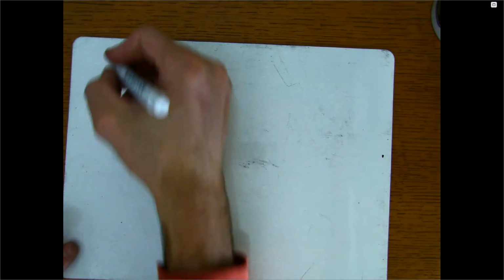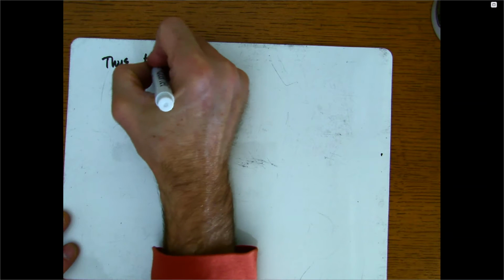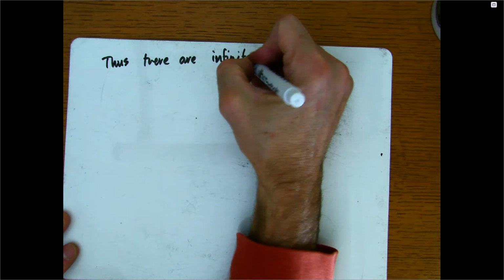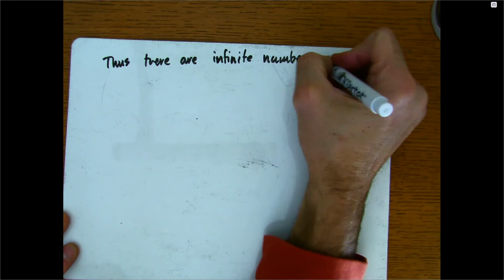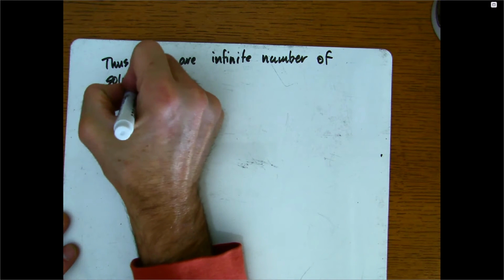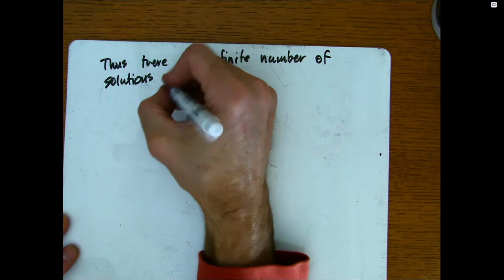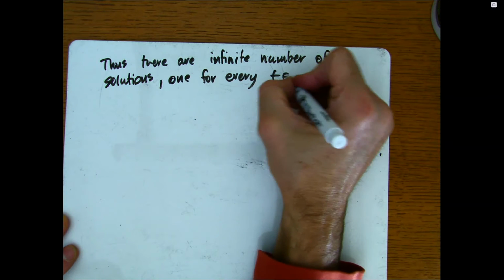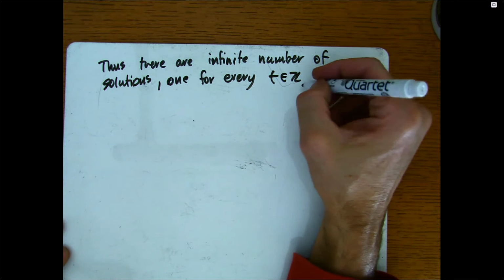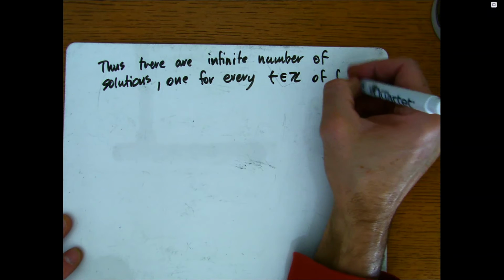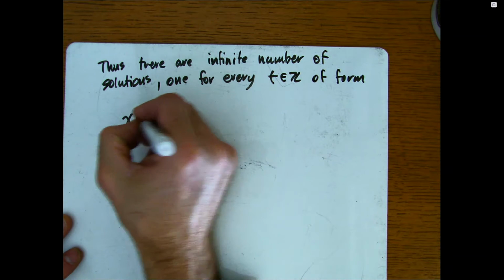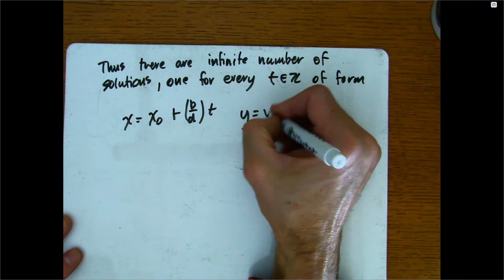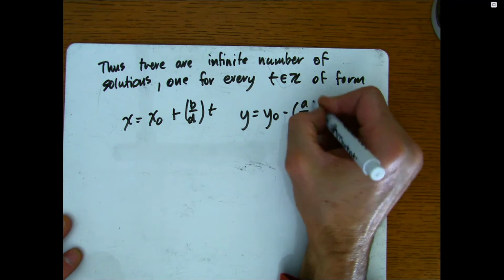So we can conclude that there are an infinite number of solutions, one for every t in the integers of form x equals x naught plus b over dt, and y equals y naught minus a over dt.